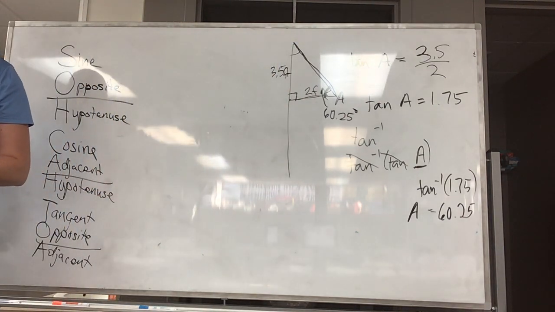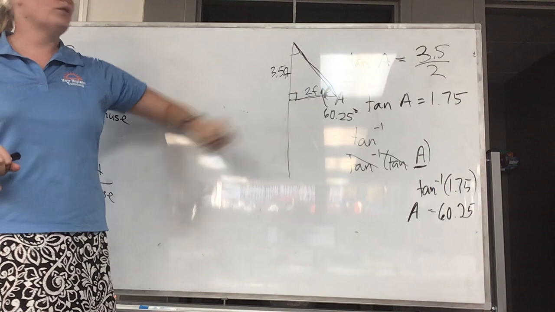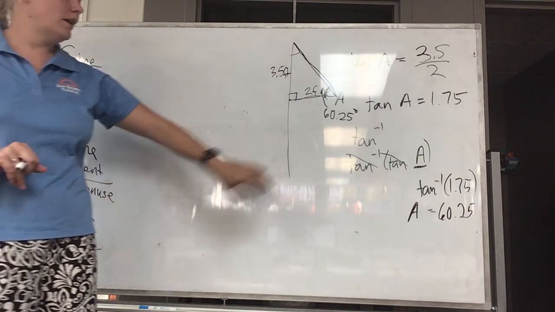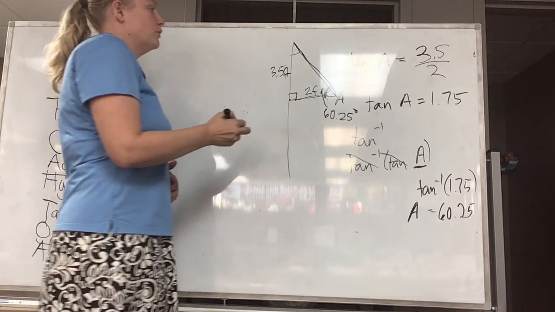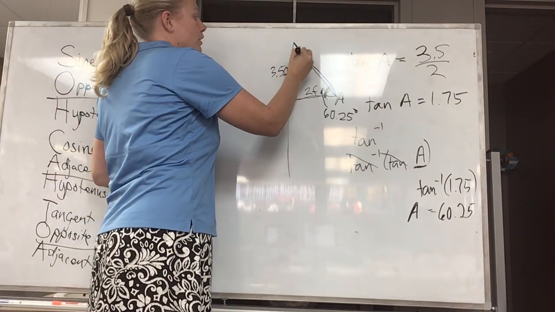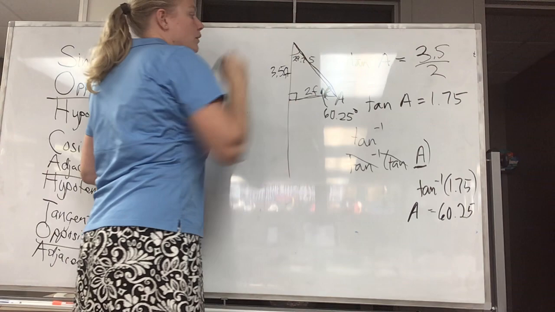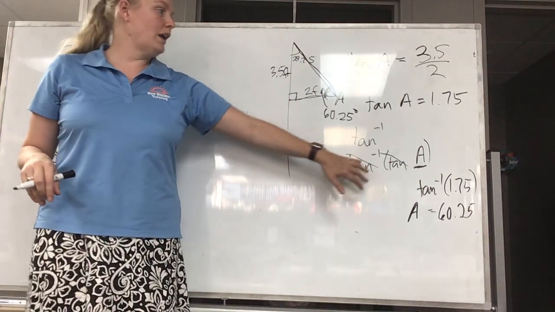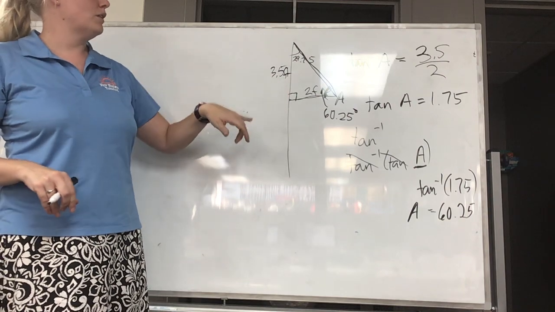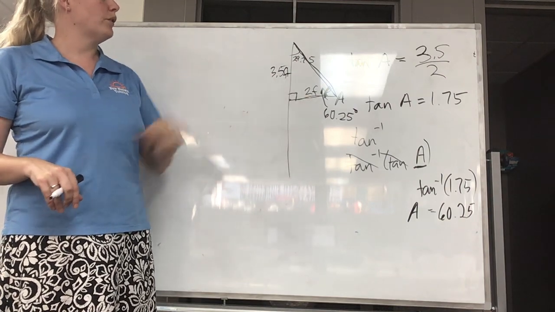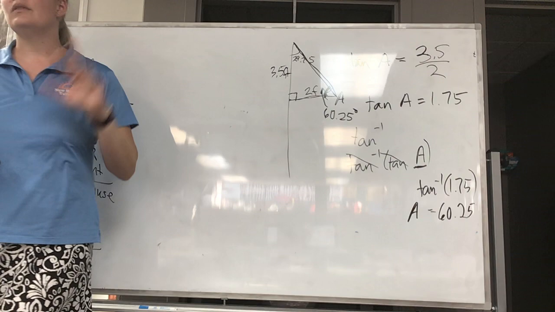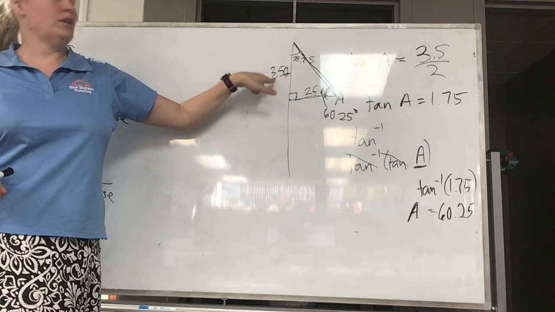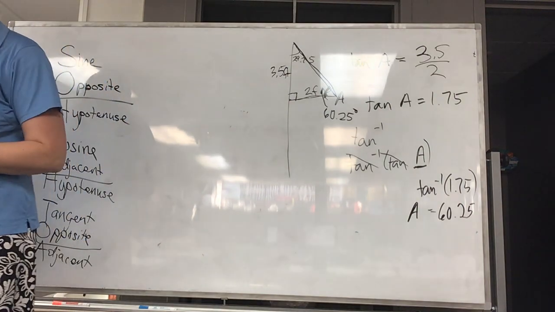They have to add up to 90, because 90 degrees of our triangle is already taken up in that corner. So you just take 90 minus the 60.25 and you'd end up with 29.75. You could also do the tangent inverse again. It'd just be the tangent inverse of 2 over 3.5. It would flip it because for this angle, this is the opposite, that's the adjacent.